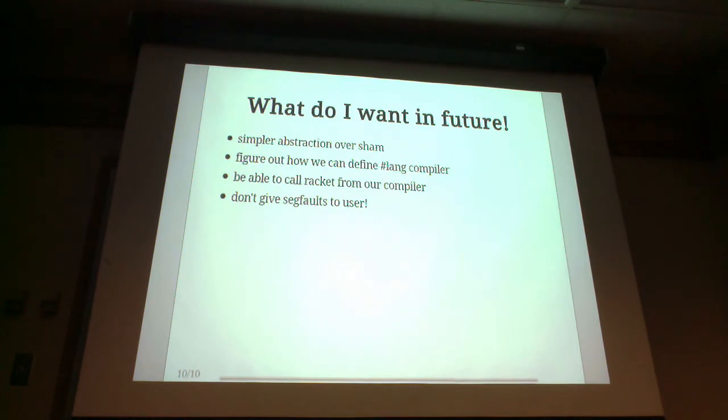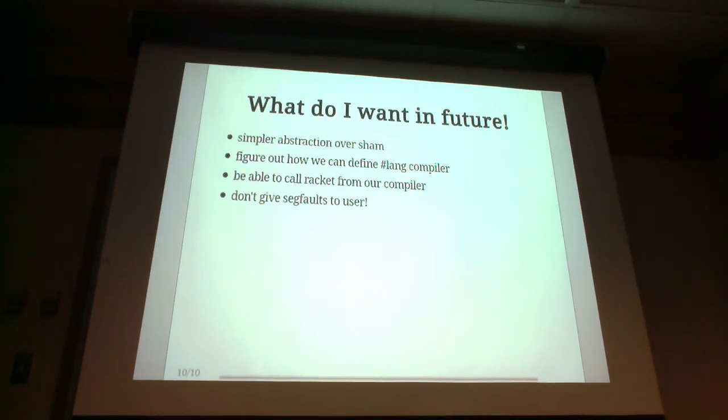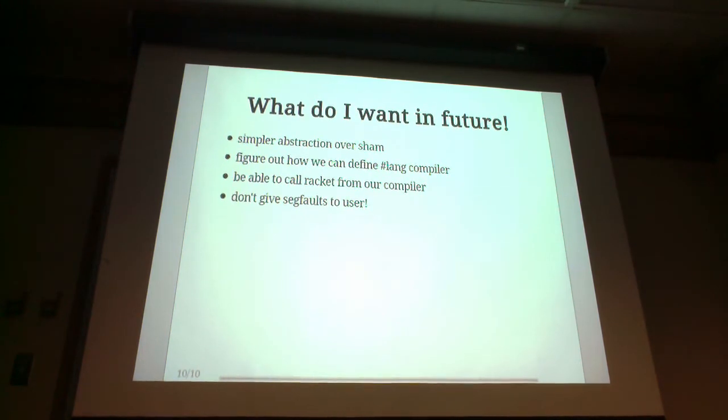I have an extra bullet for the future. I want the expander to be sped up for any given language. I think that they are trying to do that somehow. We're getting there. Yeah, that's not fast enough. And I don't know if they're going the right way, because they're writing the expander in Racket now, which was before recurrency.